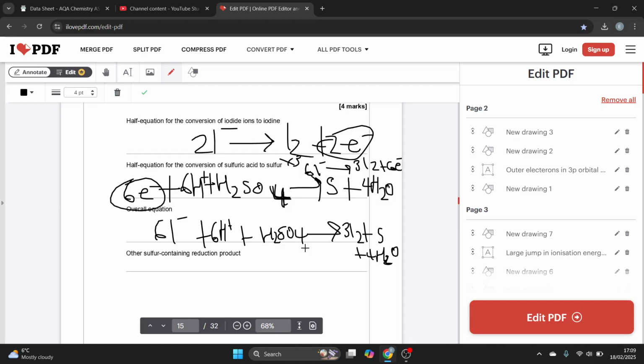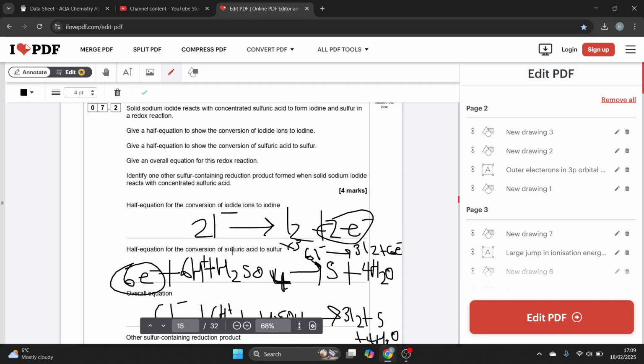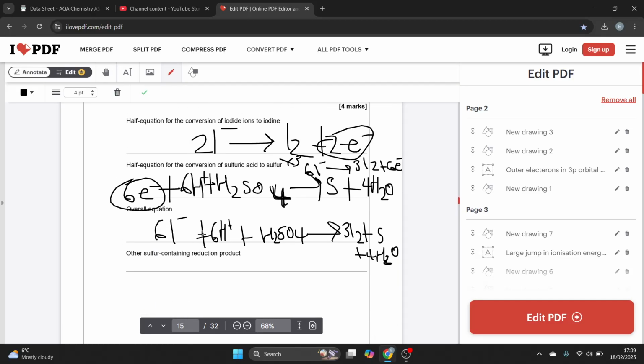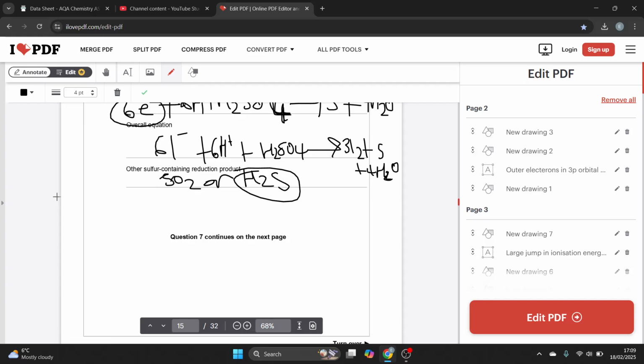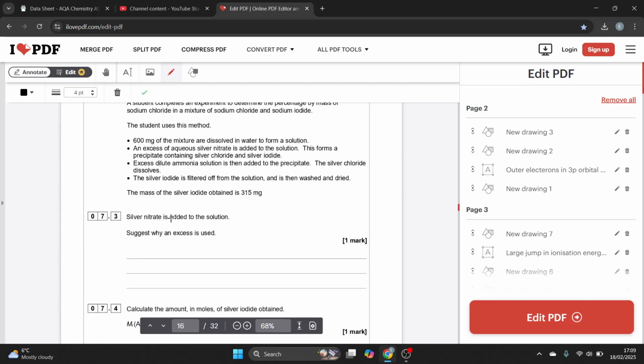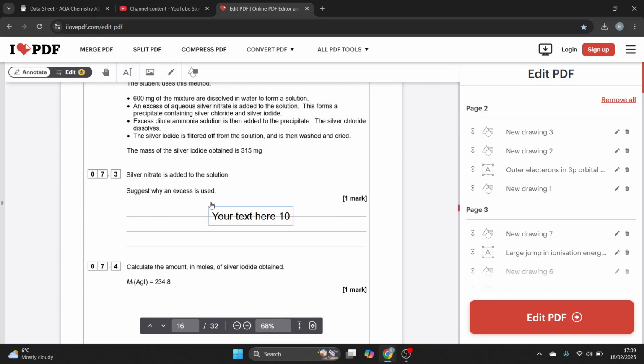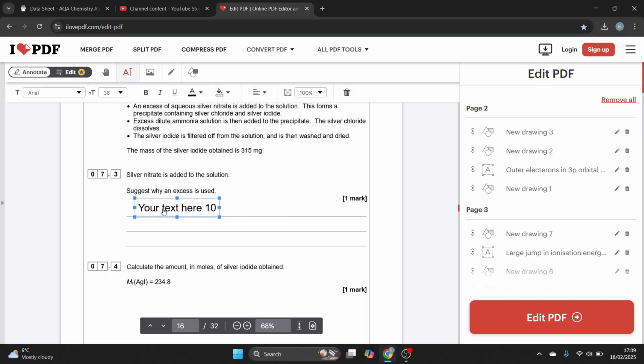And then it says other sulfur-containing reduction product. Well, you could say sulfur dioxide or hydrogen sulfide, probably what I would say is hydrogen sulfide, but either of those two is fine. Silver nitrate added in excess. Why is excess used?